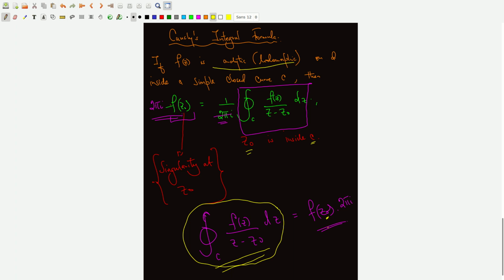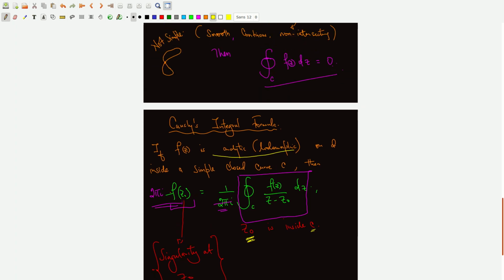So we have said that if the function is analytic on and inside C, but it must have a singularity Z0 inside C, at least one point which is singular.